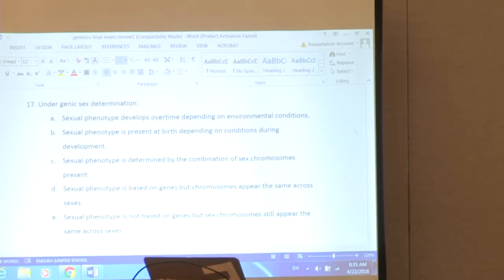Because C is saying that the sexual phenotype is determined by the combination of sex chromosomes present, but in the case of genic sex determination, it's determined by genes, right? Not actually what their chromosomes are.